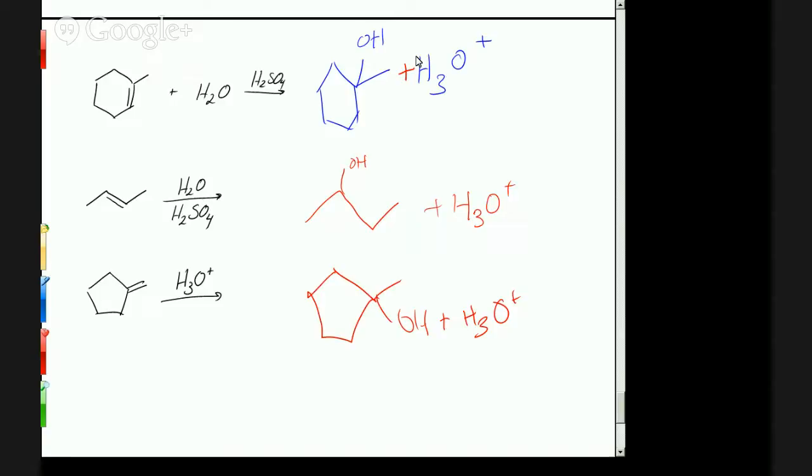And even if that weren't the case, if there isn't a distinction in stability in the carbocations, you can't pick one. There's not going to be a major product. The product is going to be a mix of two things. In that case, they're both secondary carbons, so they would both be secondary carbocations. You can't make that distinction, so you make a mixture of both.